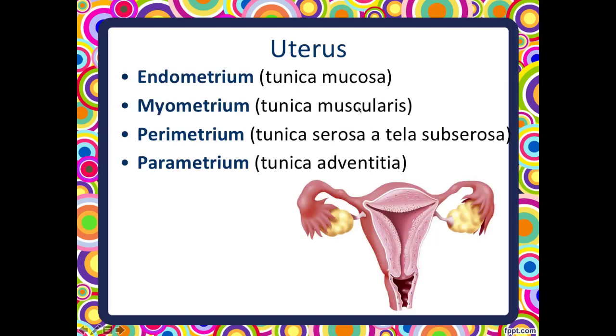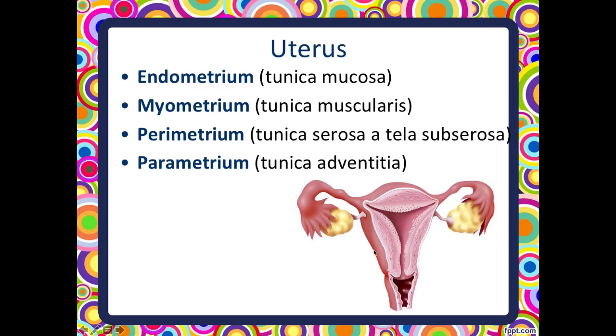So the wall of the uterus is created by three layers, and it depends on which part of the uterus we are describing, because the fundus and part of the corpus are covered by serosa, by peritoneum, and the lower parts, isthmus, cervix, and so on, are covered by adventitia because they are located subperitoneally.